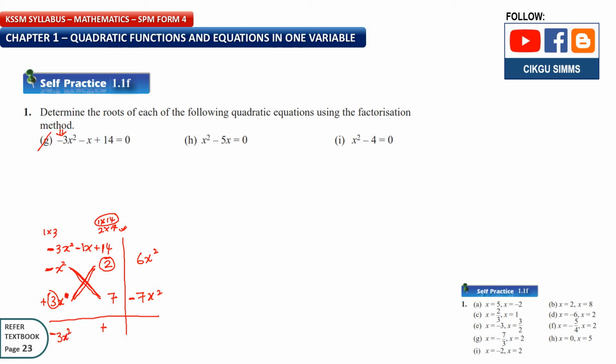Sorry, this one is x here. Okay, and then 2 times 7 is 14, positive 14. Okay, and then 6 minus 7 is negative 1. Okay, so negative 1x. Okay, so that's correct. So let's put them in the bracket.